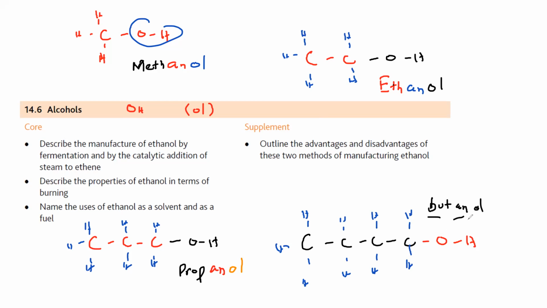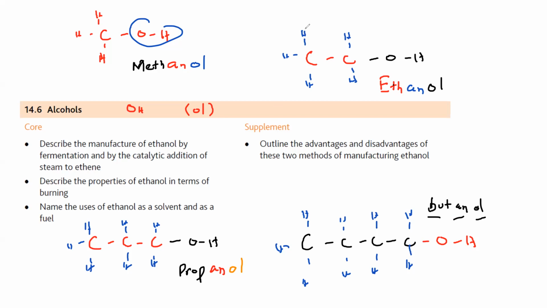So it will become butanol. Using the carbon atoms, we name the prefix; the middle name depends on the bond between the carbon atoms. If there is a single bond, it will be -an. And when we have an OH group attached, we call that alcohol. So it will become butanol.